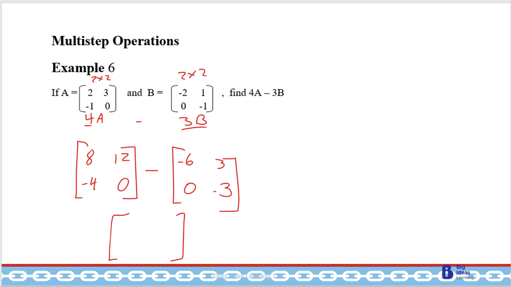So 8 minus a negative 6 would give me a positive 14, because of this double negative. 12 minus 3 would be 9. Done with the first row. Negative 4 minus 0. And 0 minus a negative 3 would give me 3. So that is it for our introductory lesson to basic matrix operations.